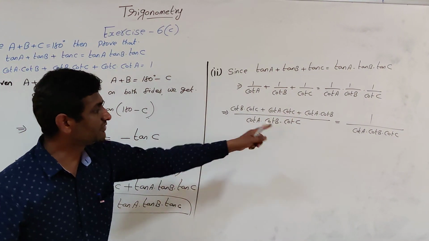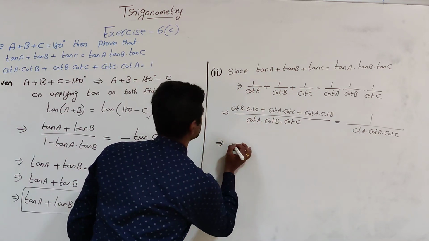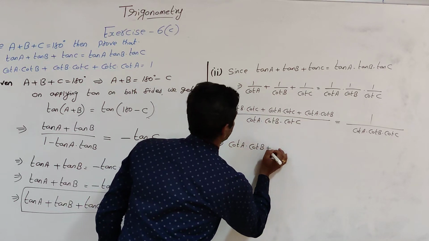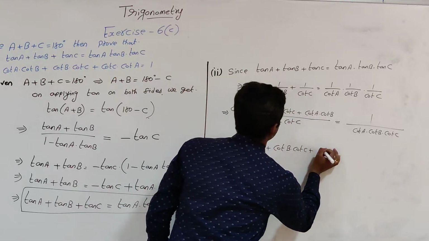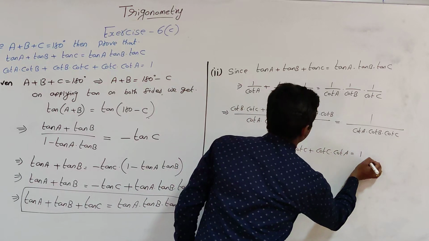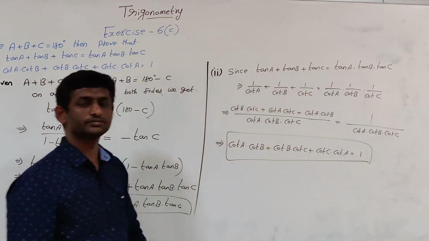If you simplify and cancel these two terms, what you will get? Cot A into cot B plus cot B into cot C plus cot C into cot A is equal to 1. So this is the proof of the second one.